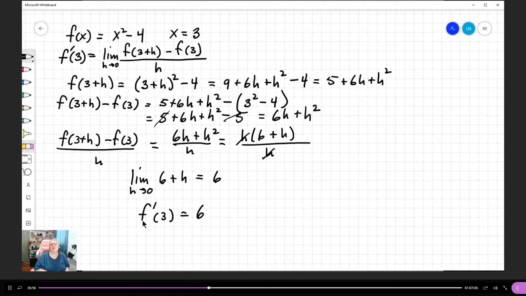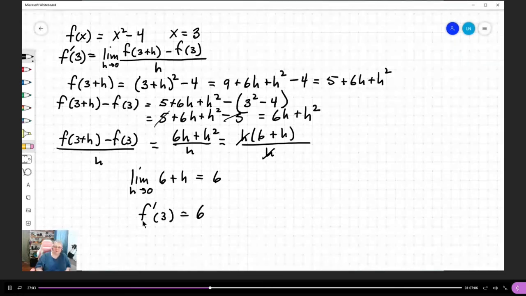That means the slope of the tangent line to the curve at the point x equals 3 is going to equal 6. Now suppose I want the equation of the tangent line to the curve. All right, let's take this a step further.